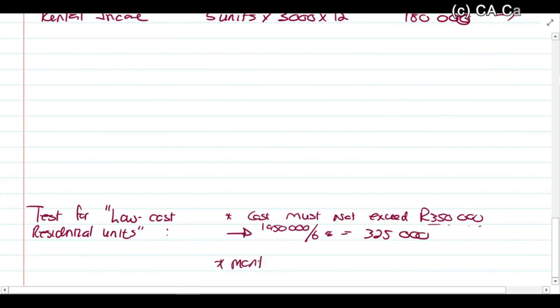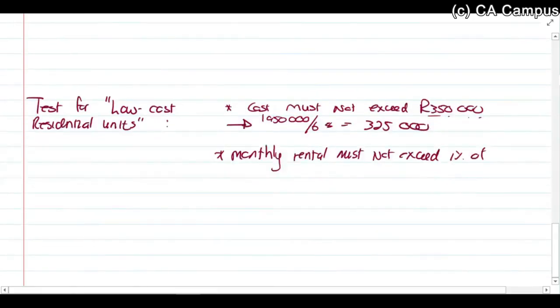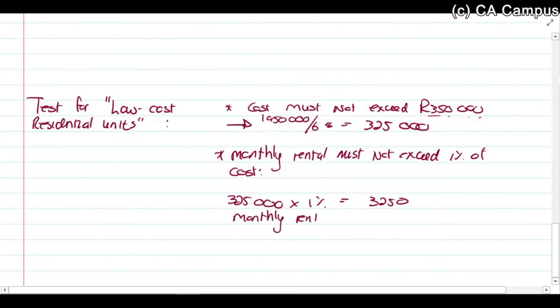Okay. Then the monthly rental must not exceed 1% of the cost. So what's 1% of our cost? Remember, per unit, guys. 3,250. And what is our monthly rental? Our monthly rental is 3,000.